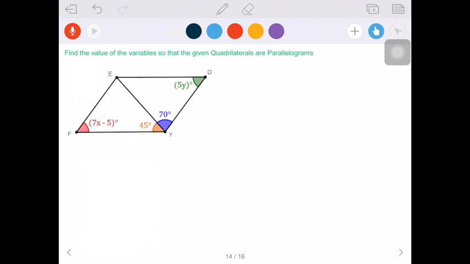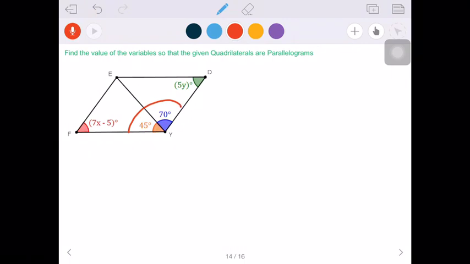So, let me continue. For this to be a parallelogram, what should be equal? What angle should be equal? Because you can see the given are angles. So here I can just say that this angle here, because I know how much it measures, is congruent to this angle based on the property of angles in a parallelogram, which is that opposite angles are congruent.